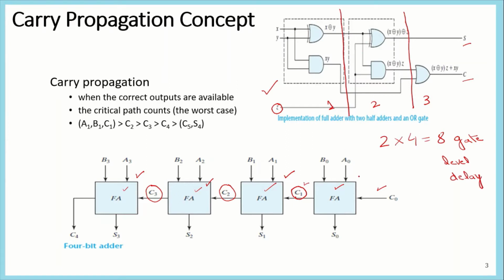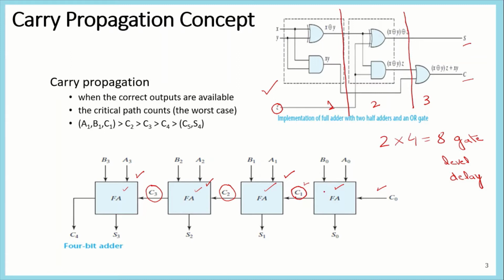We have assumed that when the first level is performed, all the inputs are available. It means that the total delay for calculating the sum would be 8 plus 1 unit delay. In today's world we require a faster system, but this is quite slow.